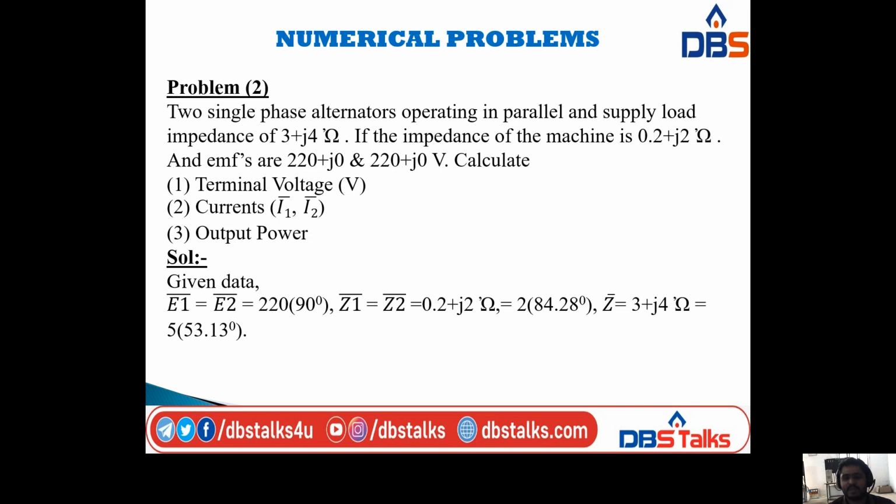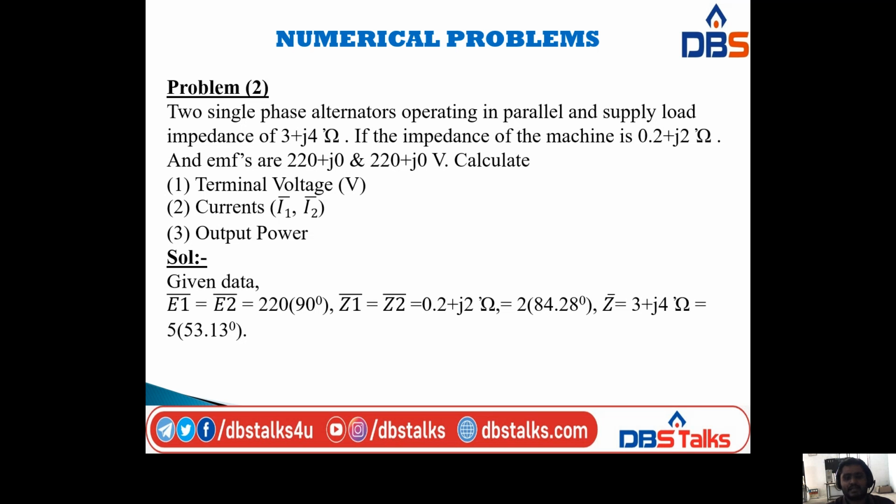So please convert this into polar form. We have 2 at an angle of 84.28 degrees, and in the problem they already gave the load impedance Z, which is 3 plus J4 ohms. Please convert this rectangular form into polar form, and we have 5 at an angle of 53.13 degrees.